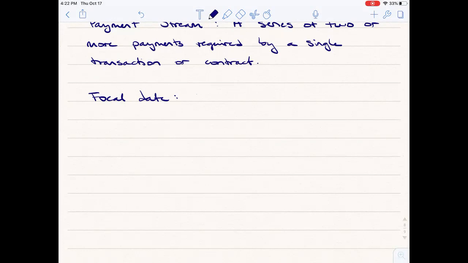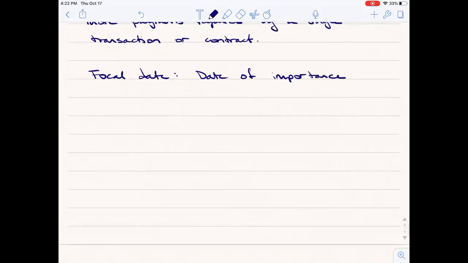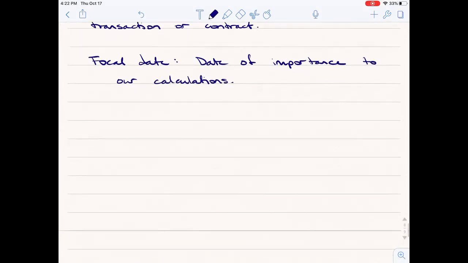But the focal date is the date of importance to our calculations. All our money will be pulled. I say pulled, right, in the sense that the arrow is pulling it to that point. So all our money will be pulled to the focal point.